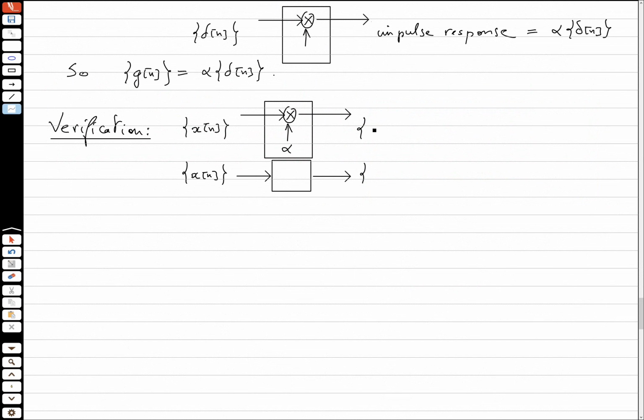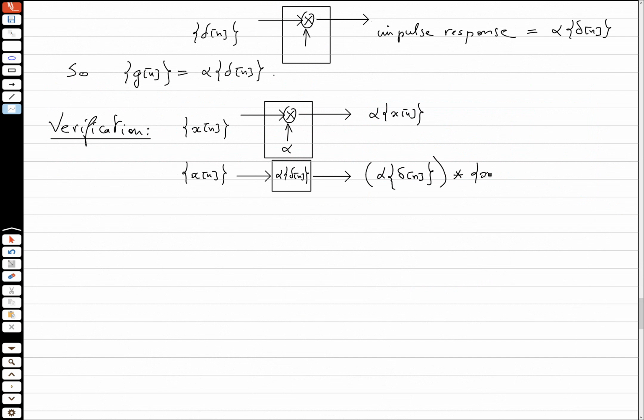On top, you obtain alpha x of n. And here you obtain what? Alpha delta of n convolved with x of n.